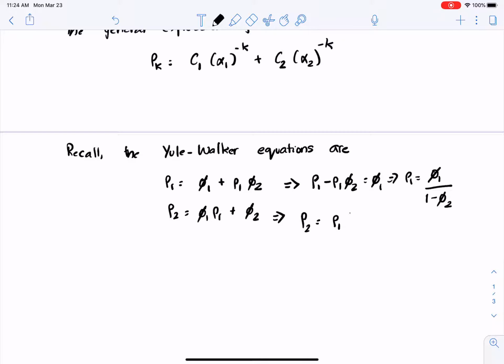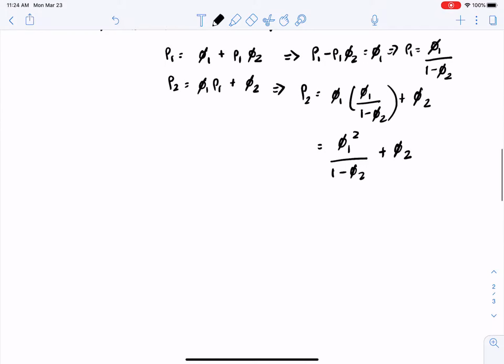We will get rho 2 equals phi 1 times phi 1 over 1 minus phi 2 plus phi 2, which would be phi 1 squared over 1 minus phi 2 plus phi 2, and that would be equal to phi 1 squared plus phi 2 minus phi 2 squared over 1 minus phi 2.